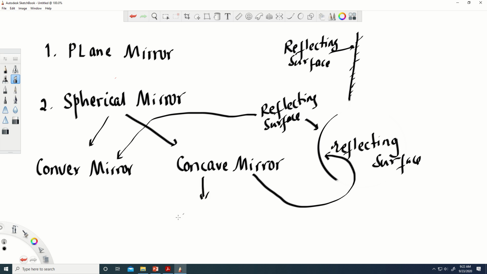Concave mirror is also called converging mirror because it converges the light. And convex mirror is also called diverging mirror because it diverges the light rays.